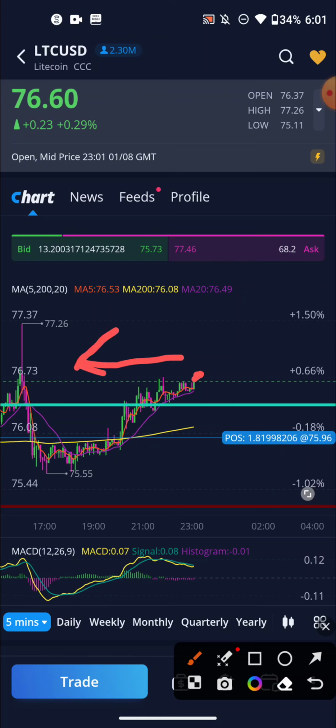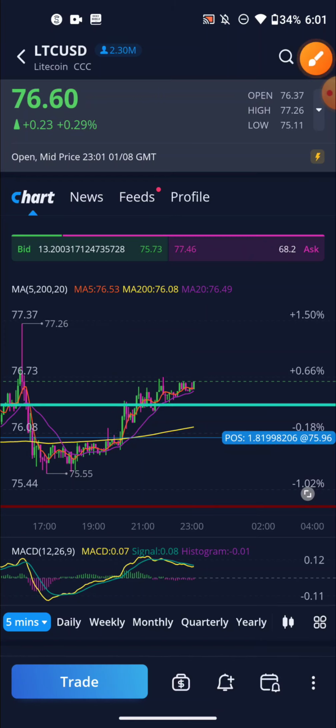You guys see I already have my support line and my resistance line set up. We're going to go backwards and you're going to see what the price is doing. I like to get a bird's eye view of what the price is doing.